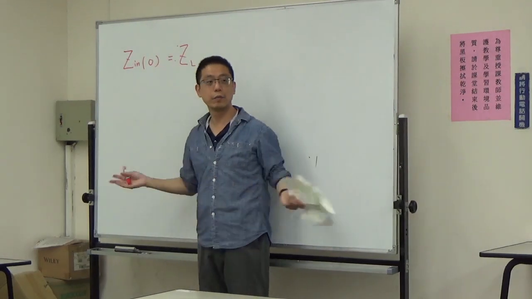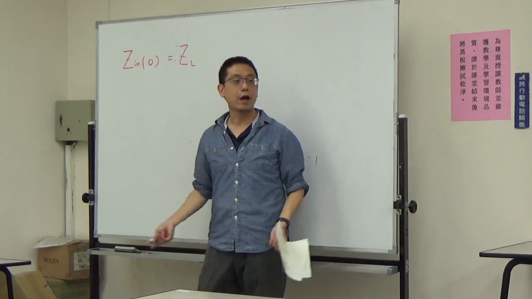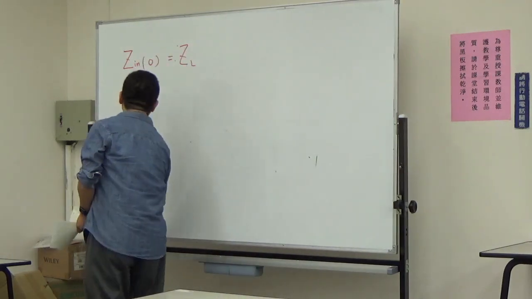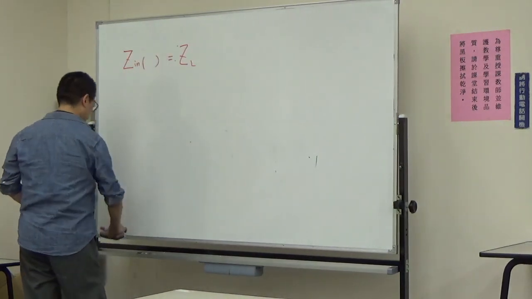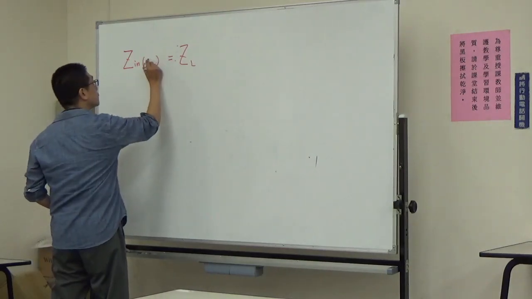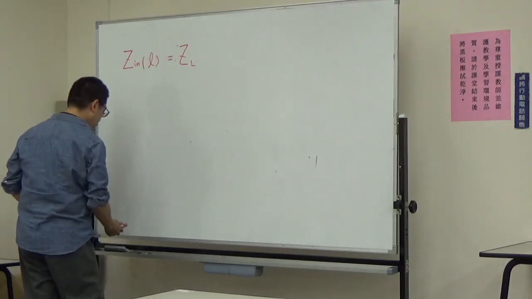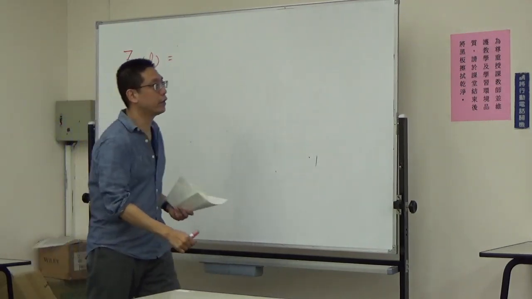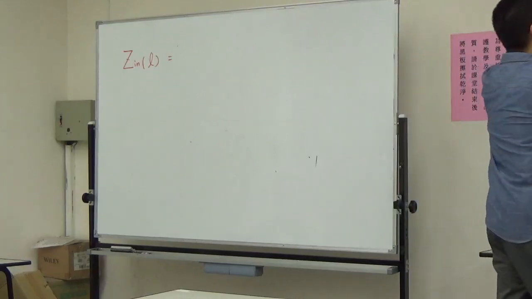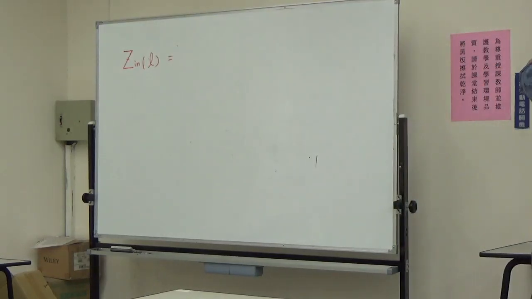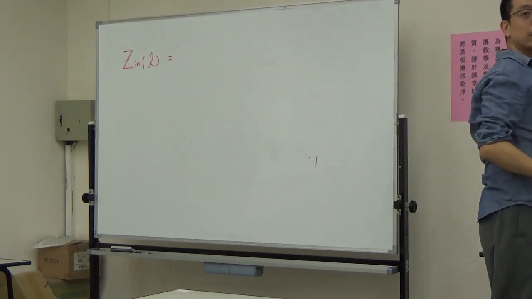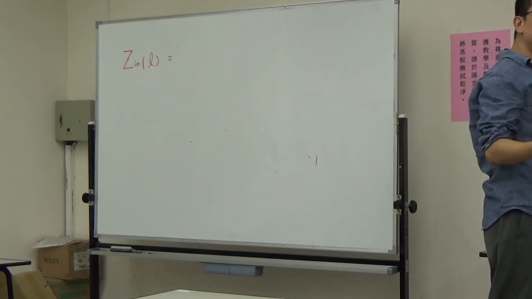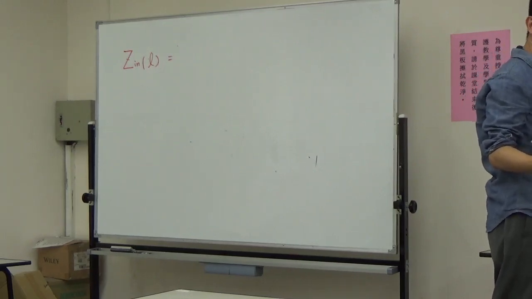Okay? No problem, right? How about this one? If there is a transmission line, what we are trying to get is the input impedance at somewhere here, which means my impedance will change.